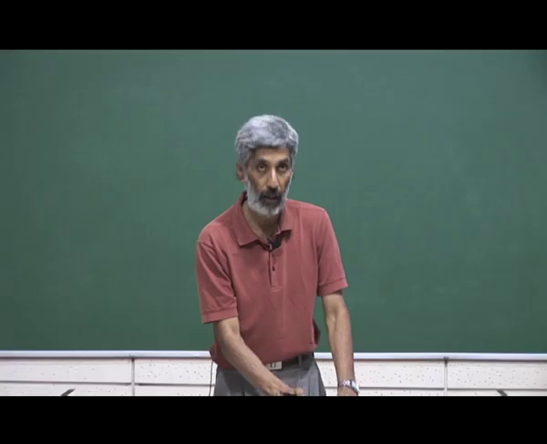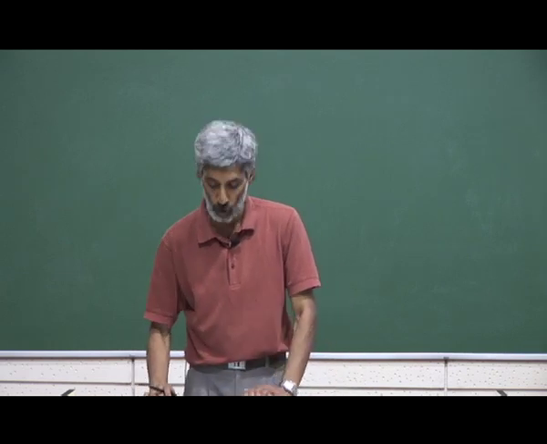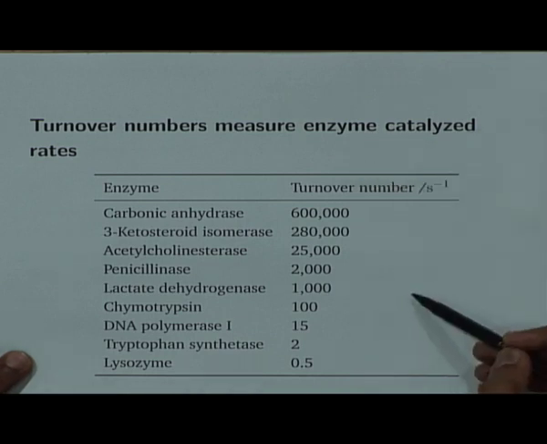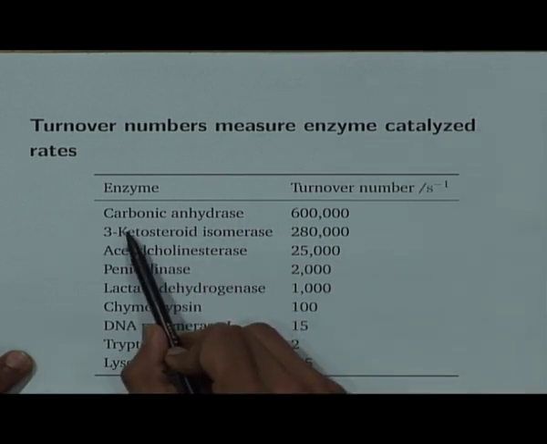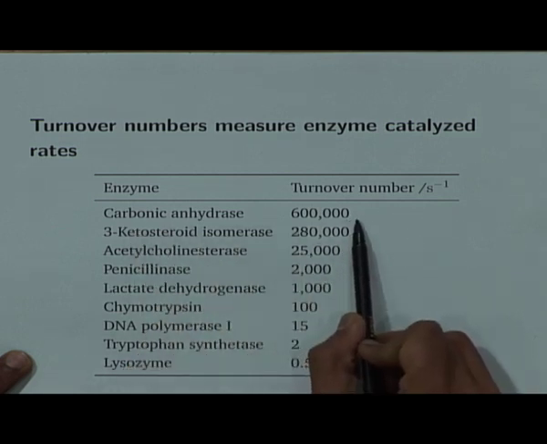And the efficiency of enzyme catalyzed reactions is characterized by a quantity which is called the turnover number, and I have listed some of the turnover numbers here. Carbonic anhydrase is by far the most efficient enzyme that you can think of.